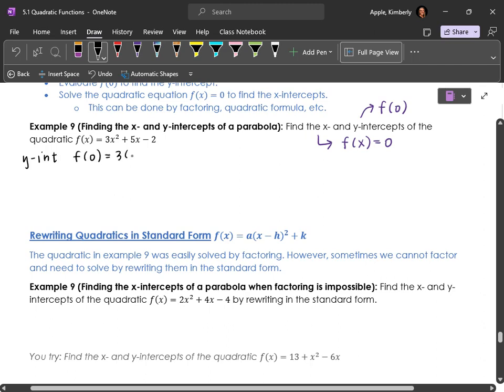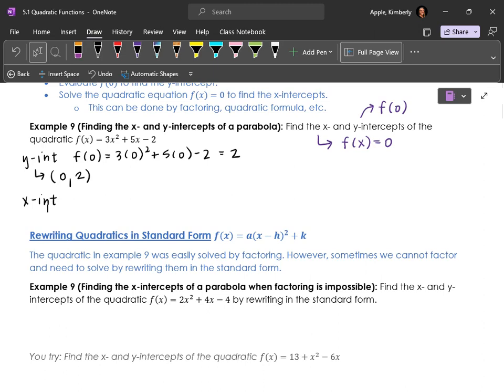So that'd be 3 times 0 squared plus 5 times 0 minus 2. And that's just going to end up being negative 2. So the Y intercept is going to be X is 0, Y is negative 2. And so for the X intercept, we will, hold on.